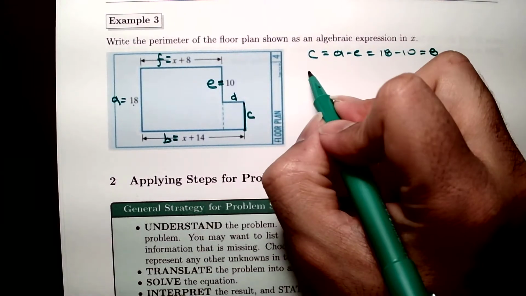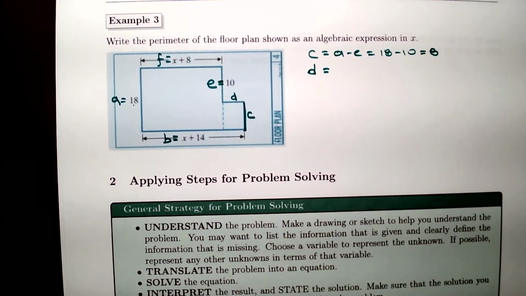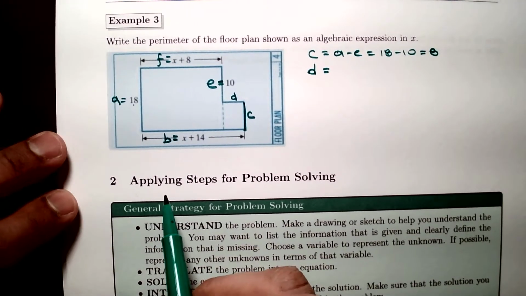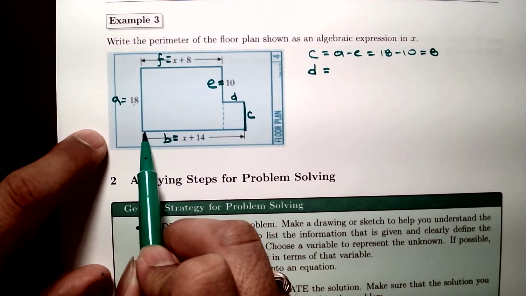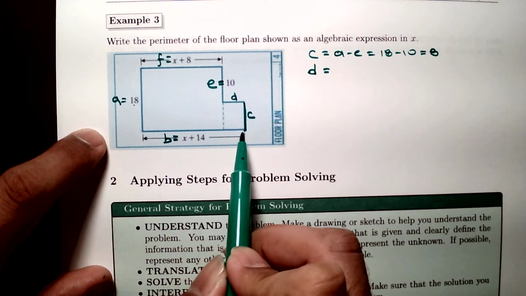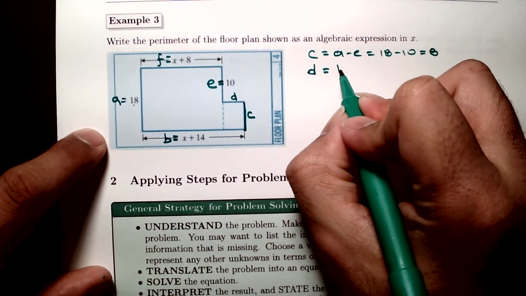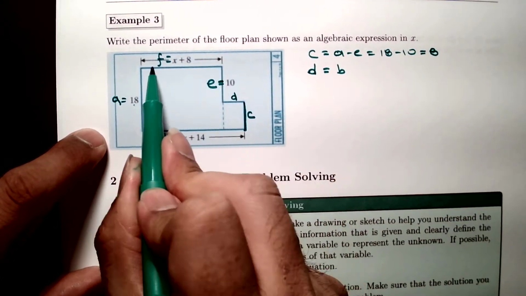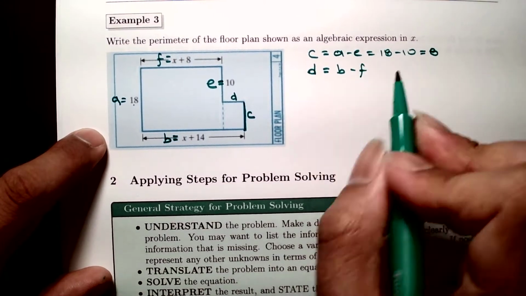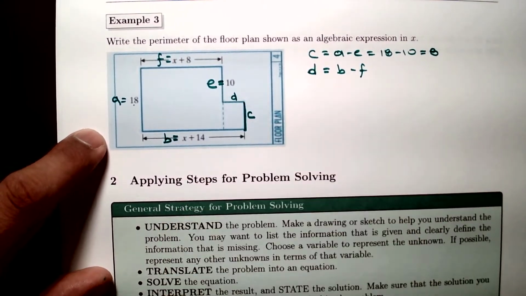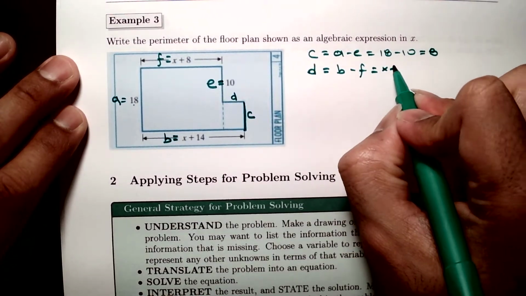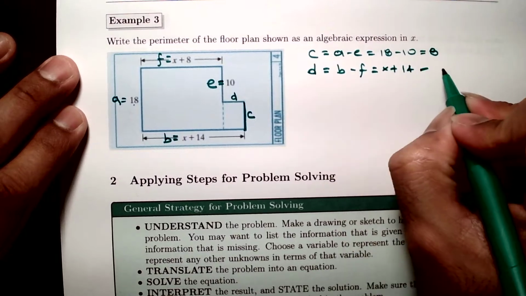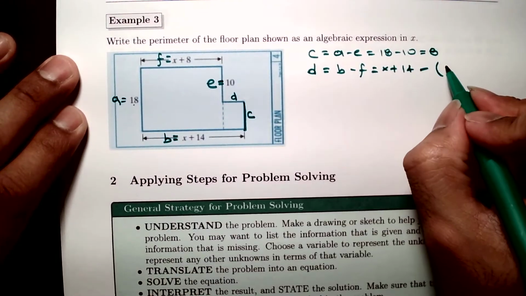What about D? Well, D is going to be a little bit tricky, because D itself is going to involve x's as well. So how do we do that? Well, we know the length of the base, which is B, and we can subtract this part right here, which is F. That's going to leave us with the quantity D. So B, which is x plus 14, minus the quantity x plus 8.